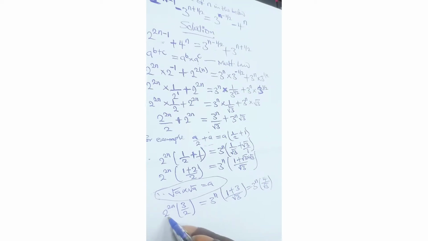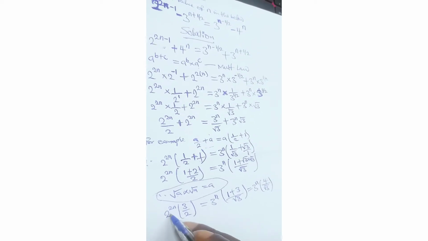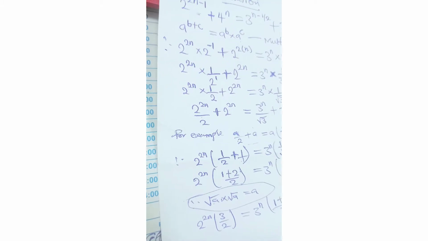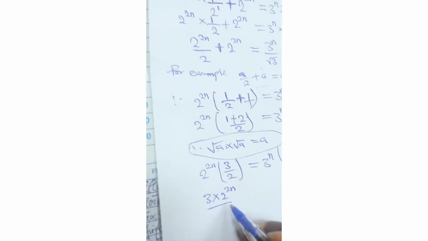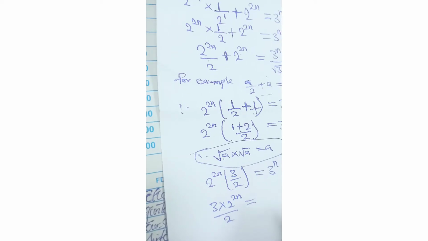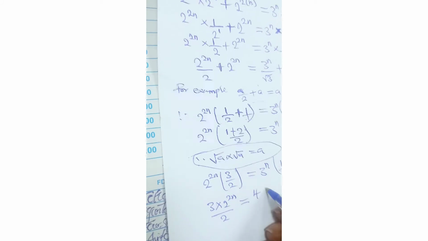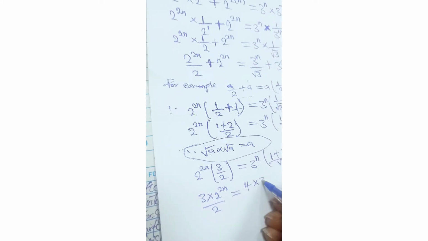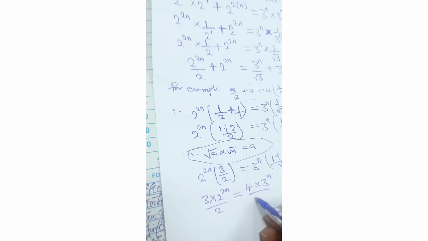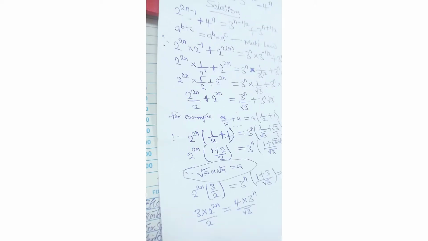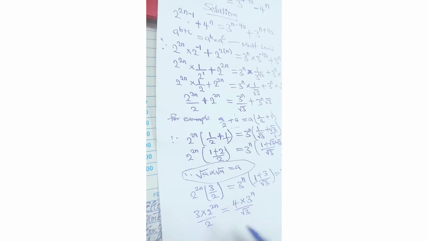Now come back to this. If you use this to multiply 2 raised to power 2n, then you are going to have 3 times 2 raised to power 2n over 2, which is equal to the same thing applicable to this: 4 times 3 raised to power n over root 3. Now at this point, let's cross multiply.